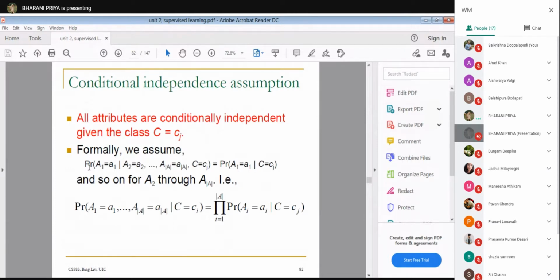So we need to find the probability of attribute A1 given the values of the other attributes and the class value. So the probability for a particular class Cj is the product of the probabilities of the attributes for every value. These formulas will become clear to you with examples. That is, the product of every value is taken.